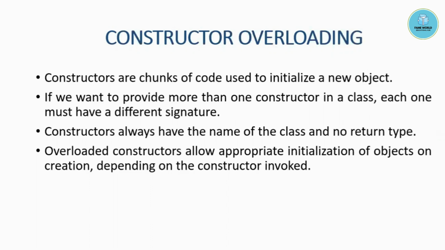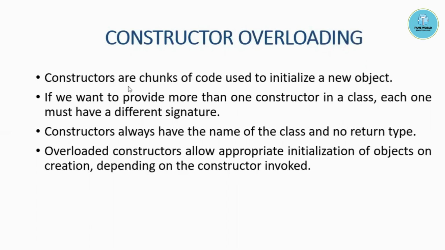Similarly, if we have a student class, there must be multiple students and they all belong to the student class. So when we want to create multiple objects of a single class, at that time the concept of constructor overloading arises. If I want to create multiple objects of a single class, then we have to use constructor overloading.